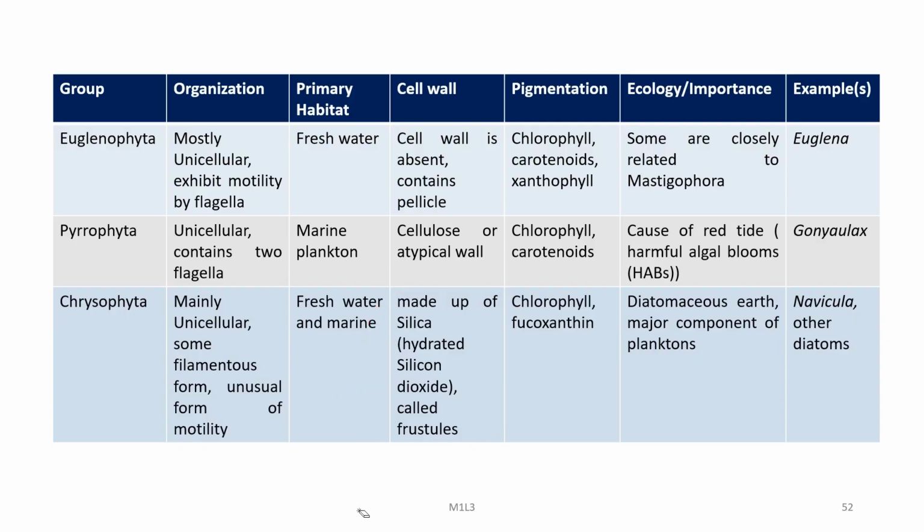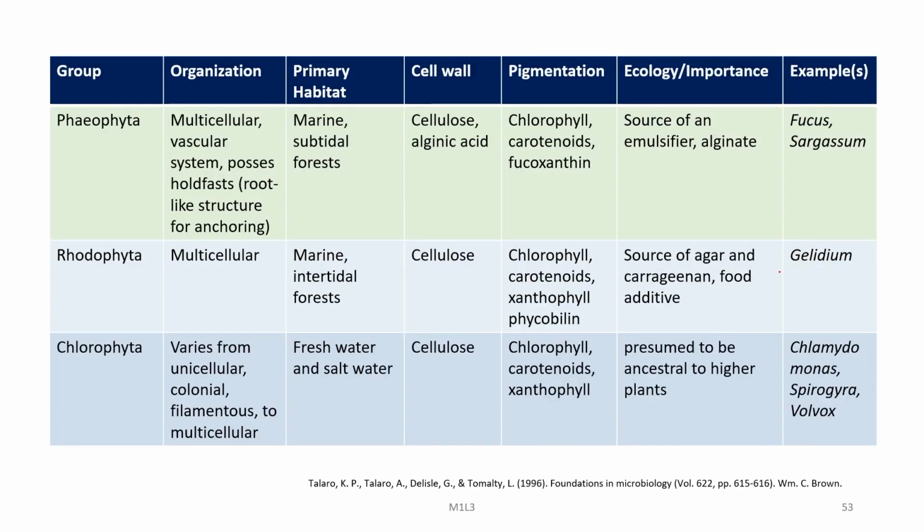They have pigments like chlorophyll and fucoxanthin. Mostly they form diatomaceous earth and are a main component of the planktons. Examples include Navicula.